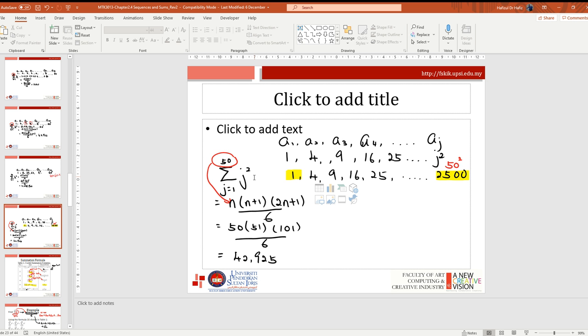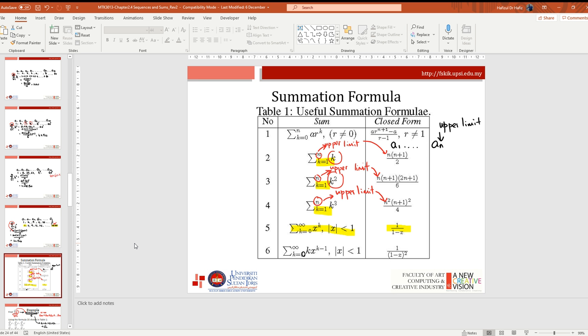The same goes here, with n equal to n plus 1. You replace the n: 50 times 51 times 101 and divide by 6. This one is summation.